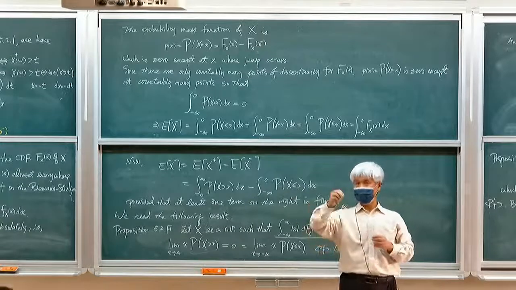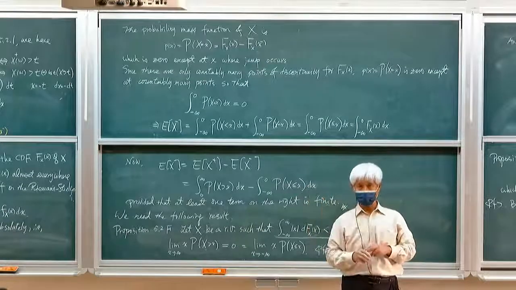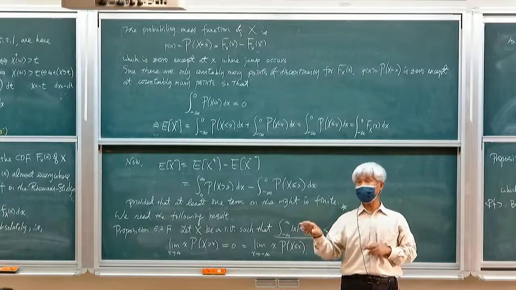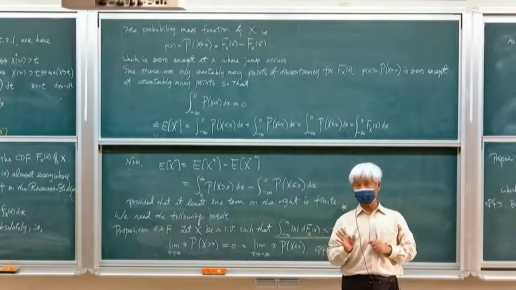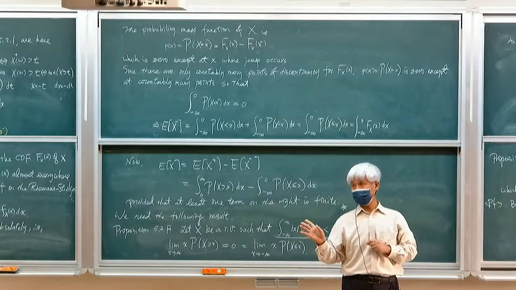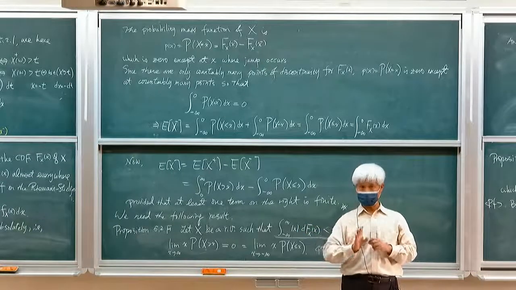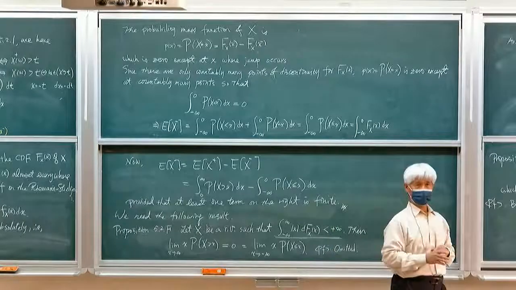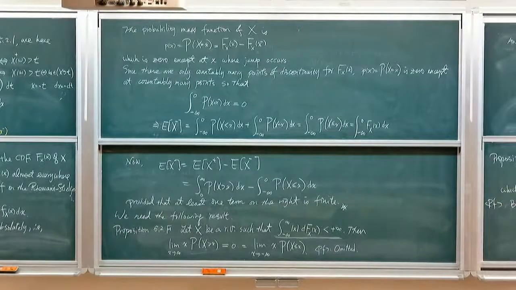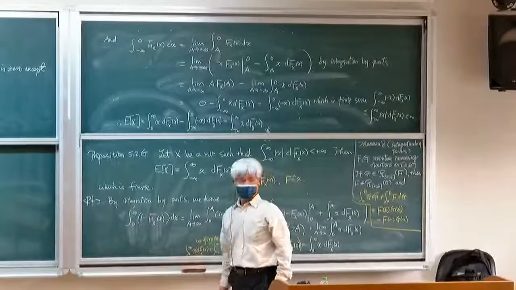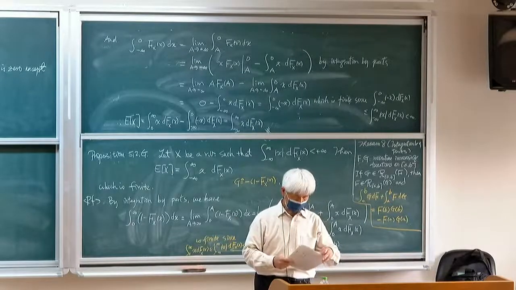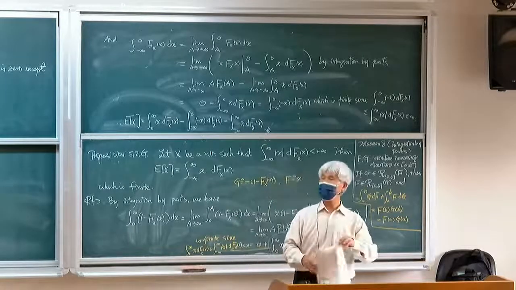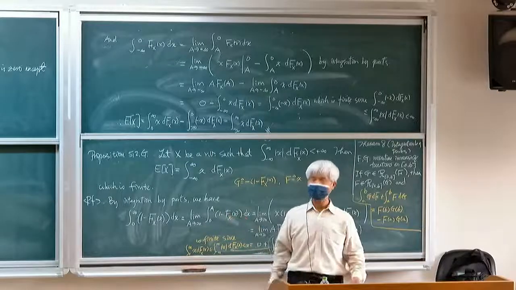For the negative part, because it is also non-negative, you can use a sequence of simple random variables to compute its expectation as precisely as you want. That is the general approach to deal with the problem.